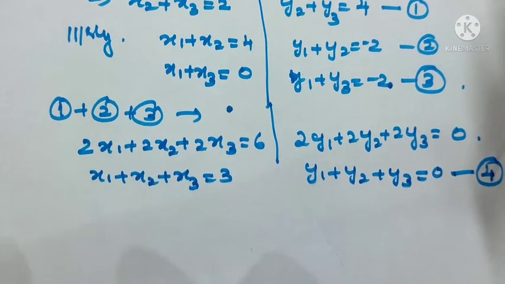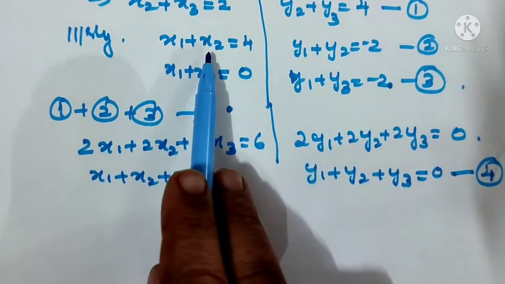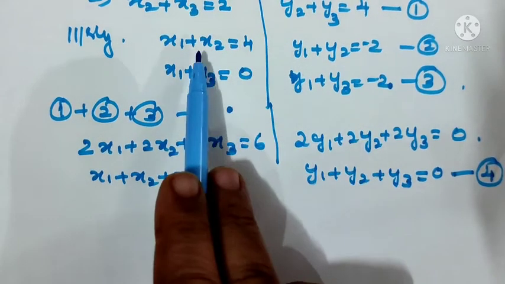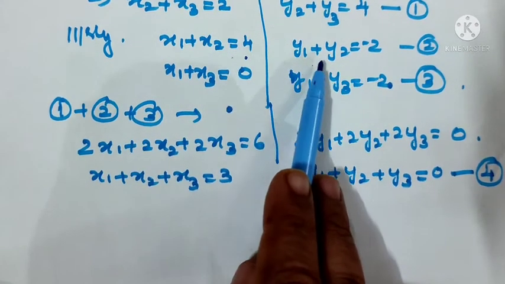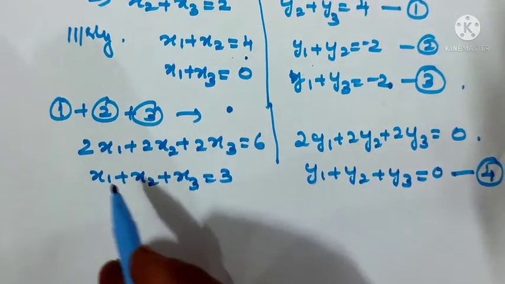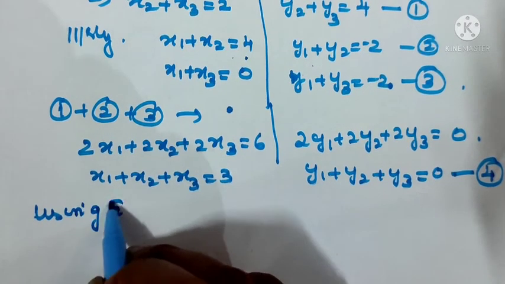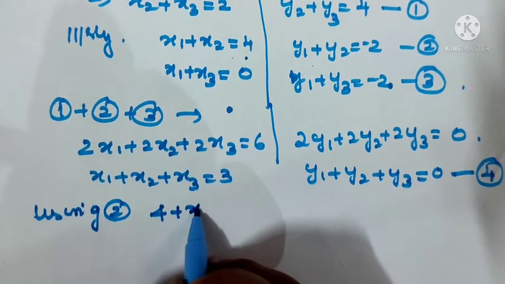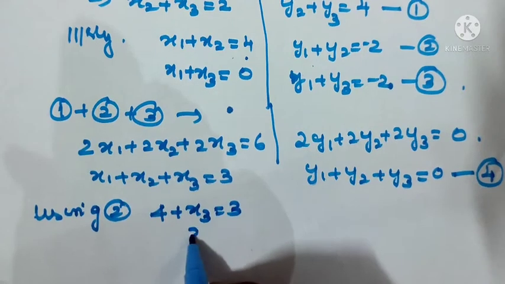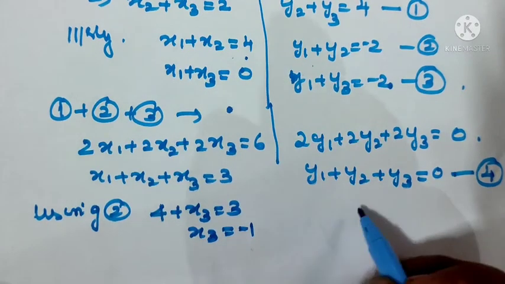Now we can use each one of them. Use the second equation first: x1 plus x2 is 4, y1 plus y2 equal to -2. Using 2 in 4, we have 4 plus x3 equal to 3, so x3 equal to -1.